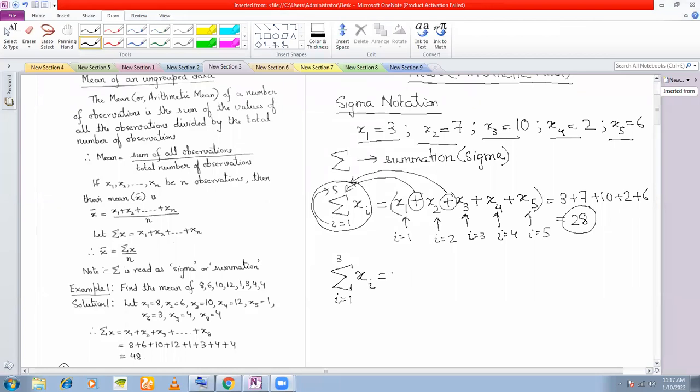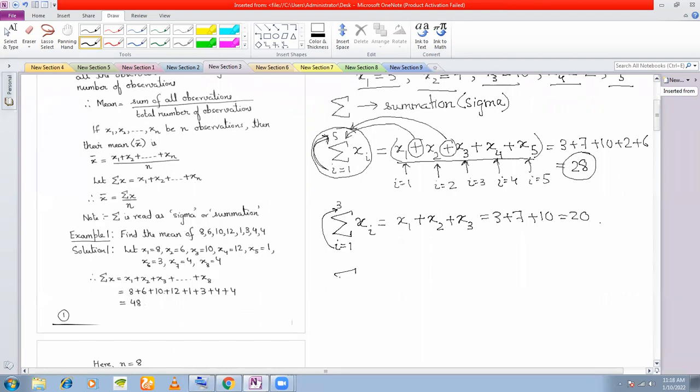Not x plus 1. Sir, x1 plus x2 plus x3. Yes, x1, because i runs from 1 to 3 only. Here i was from 1 to 5. That is why we had taken 1 to 5. So here, since i runs from 1 to 3 only, I will have x1 plus x2 plus x3, which means 3 plus 7 plus 10, which is 20.